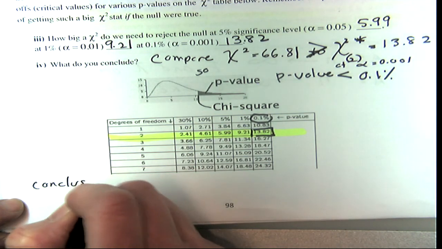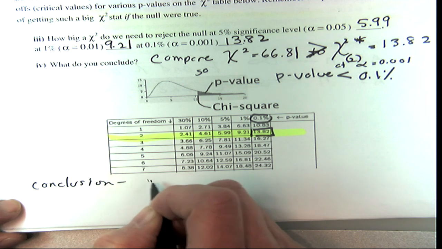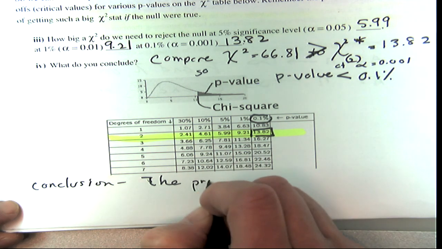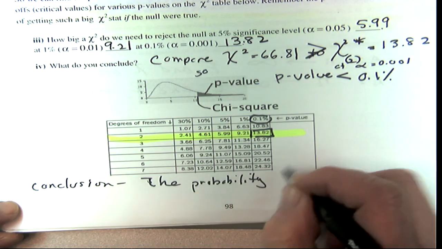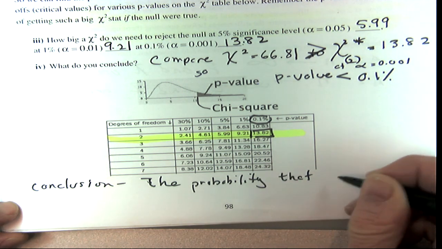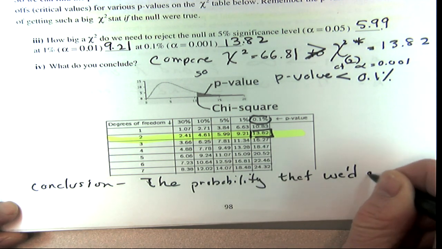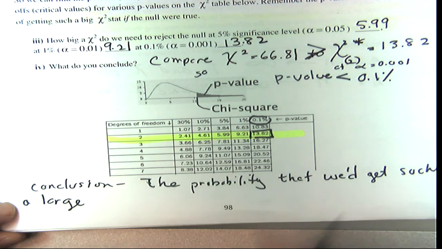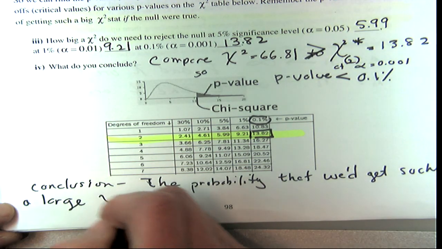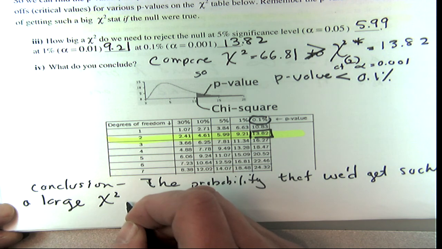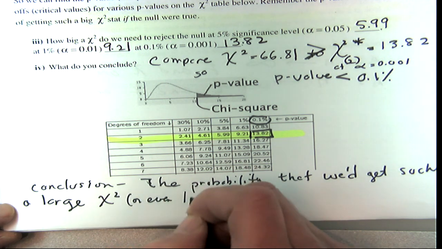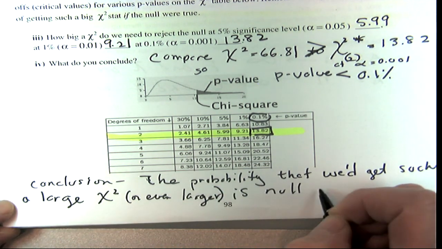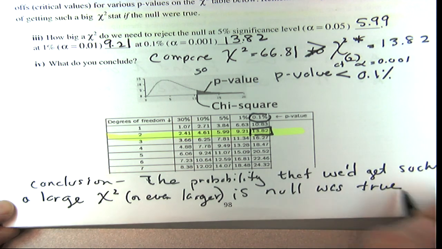Maybe I should write it out because I think people have trouble with these p-values. It means the probability that we get such a large chi-squared, or even larger, that's huge, 66.8, if the null was really true, I mean, it could happen, but it's minuscule.